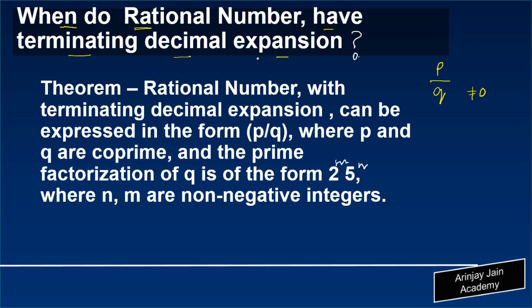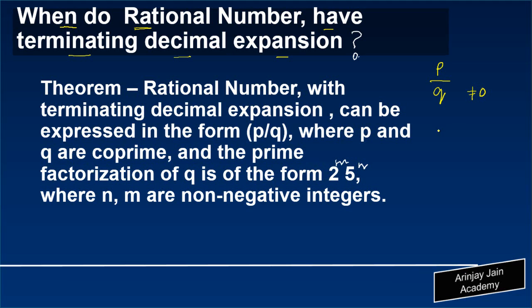Whenever you expand a rational number, can you tell by looking at it whether or not it will have a terminating decimal expansion? It will have either a terminating decimal expansion, or a non-terminating but repeating decimal expansion.